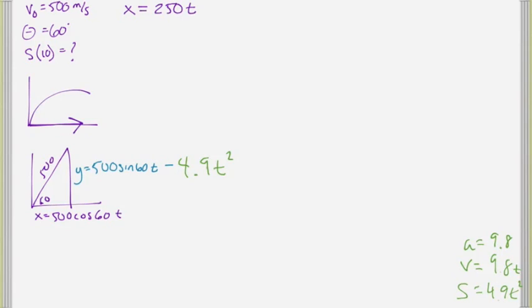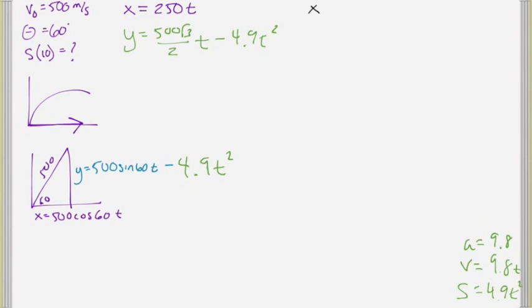So then our y equation, that 500 times the sine of 60, turns out to be 500 square root of 3 over 2 t minus the 4.9t squared. So if we want to know where this thing is after 10 seconds, we're going to plug 10 into each of those.